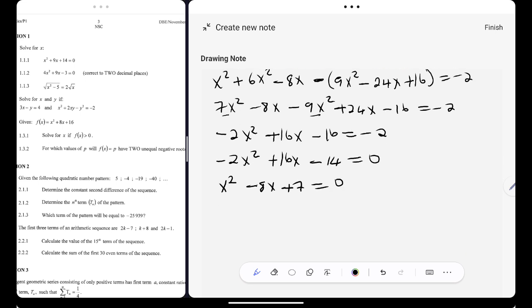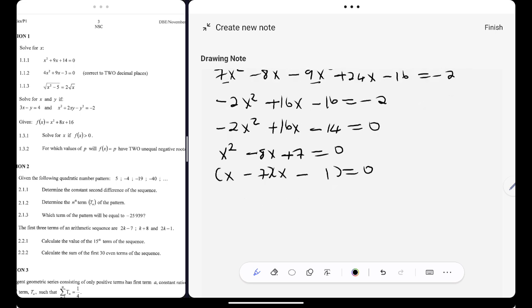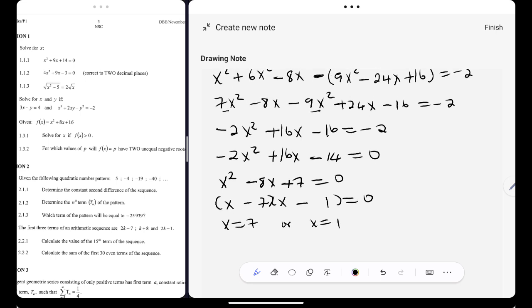And now it's simple. I want the factors of 7 that when I add will give me 8. They are 7 and 1. Minus and minus. The sign is positive, hence the brackets will have the same sign. So x is 7 or x is 1.